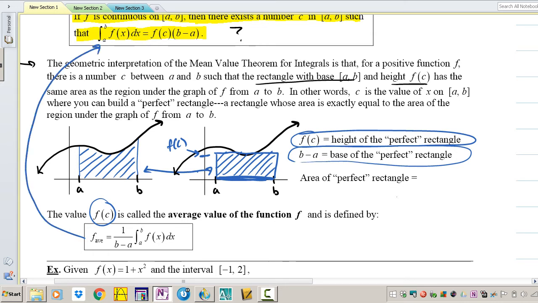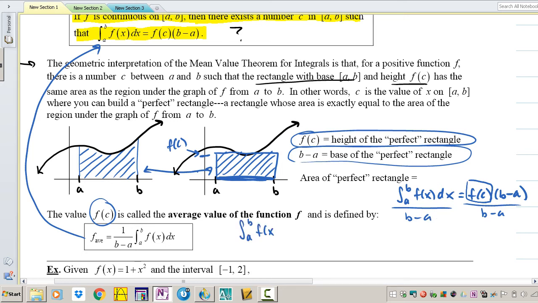Let me show you. The integral from a to b of f of x dx is equal to f of c times b minus a. If I solve for f of c, then I have to divide both sides by b minus a, so that I get the integral from a to b of f of x dx all over b minus a, which is equal to f of c.